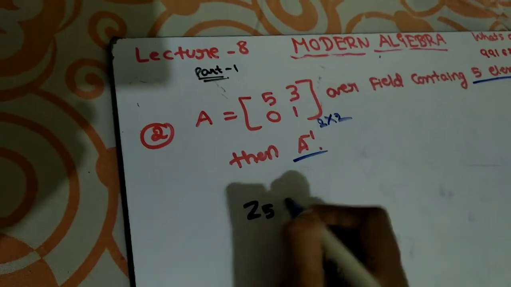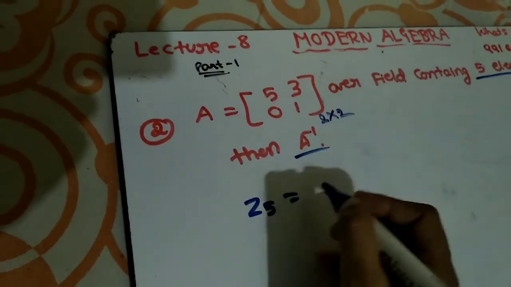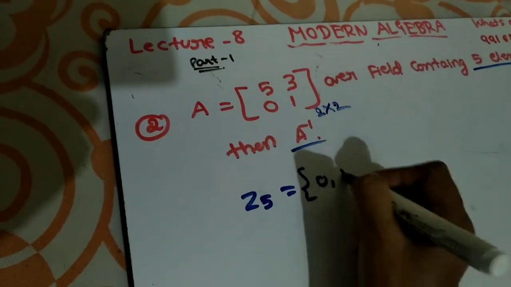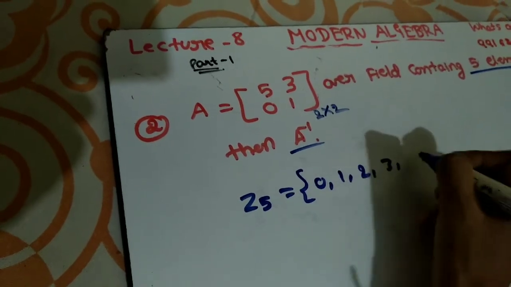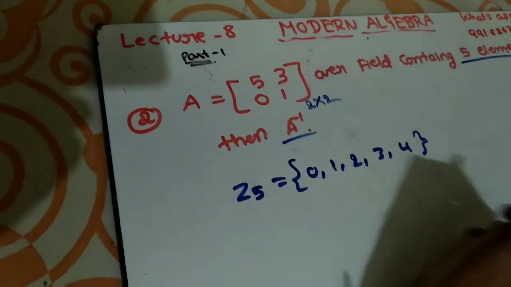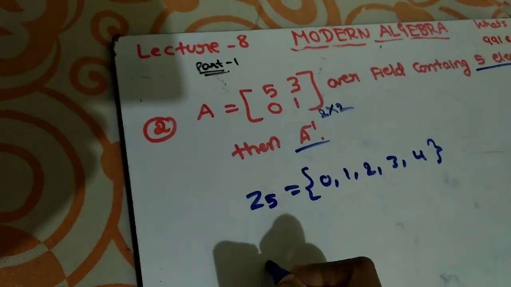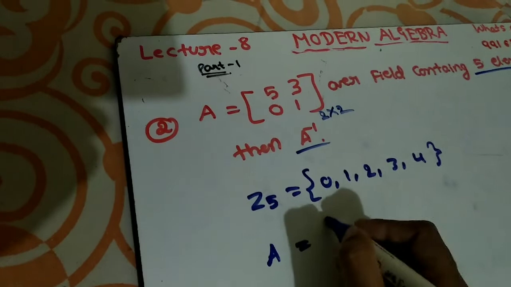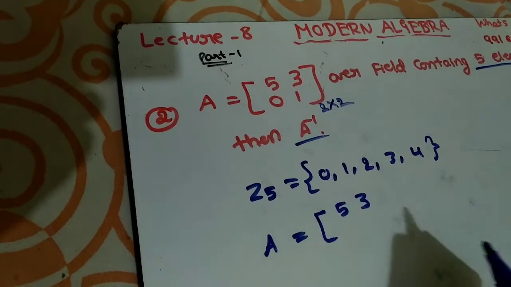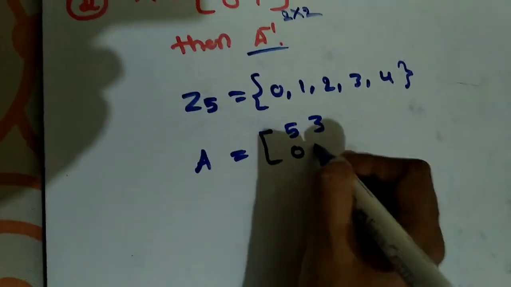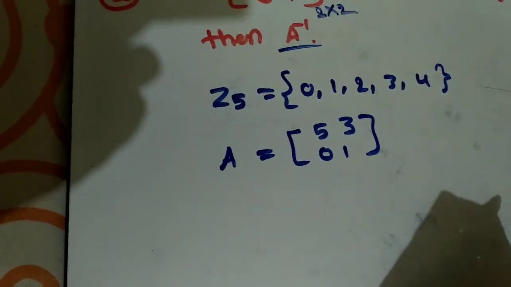A field containing 5 elements means 0, 1, 2, 3, 4. This is our given set. And the given matrix contains 5, 3 and 0, 1 as the elements.